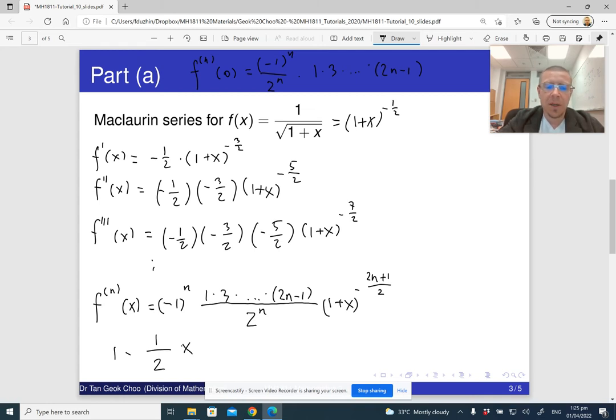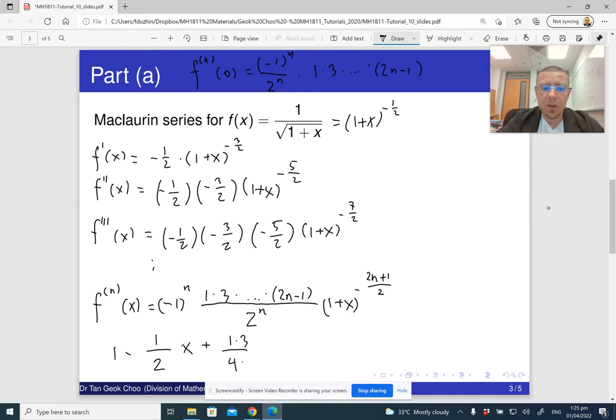All right, so now n is 2. If n is 2, minus 1 squared is 1, so plus 1 over 2 squared is 4. Then I have the product of odd numbers, two odd numbers, so 1 times 3. So it's going to be times 3.